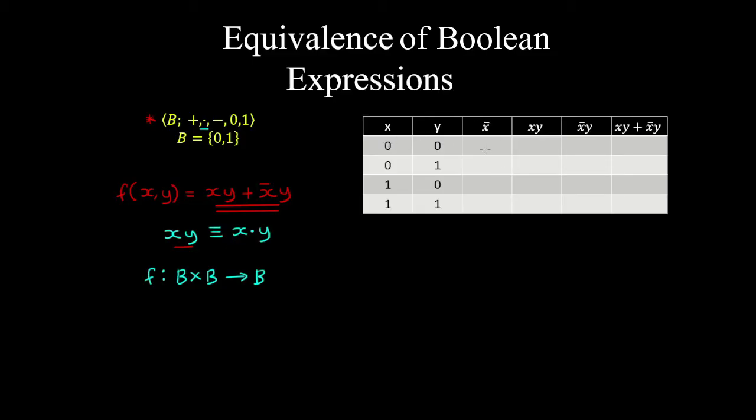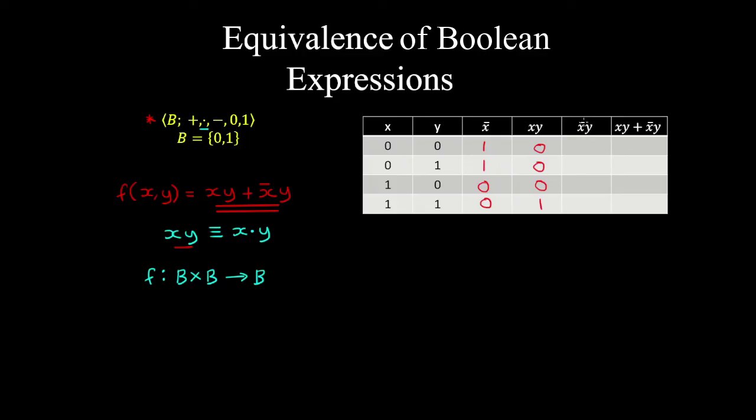So the complement of x is 1, 1, 0, 0, and x and y is 0 and 0, which is 0, 0 and 1 is 0, 1 and 0 is 0, and 1 and 1 is 1.